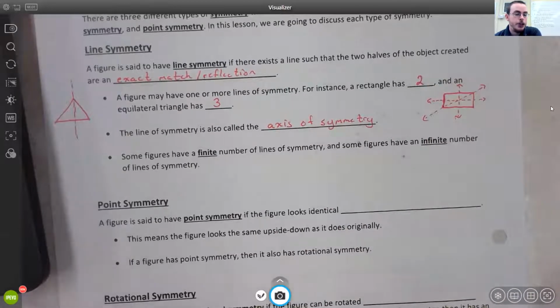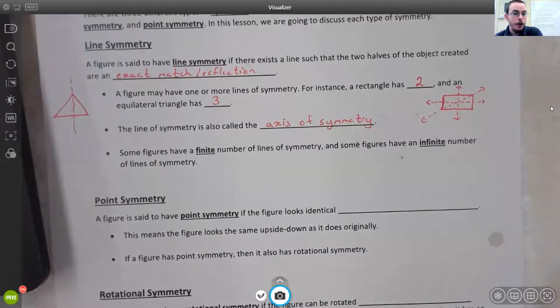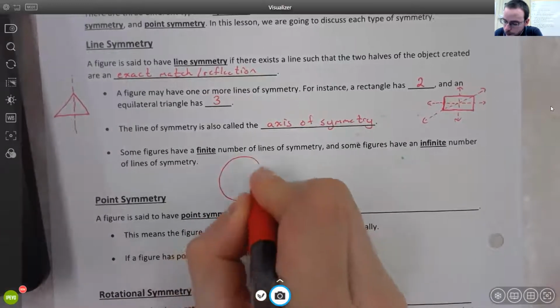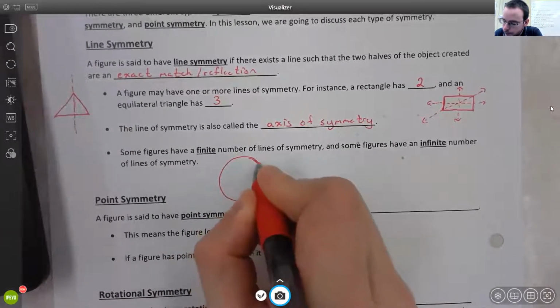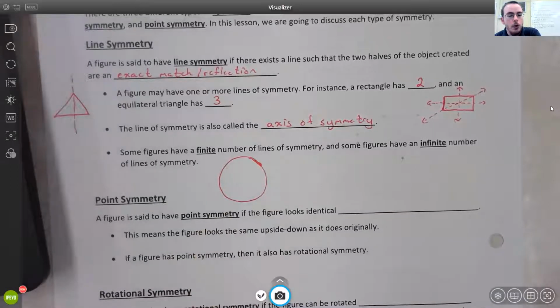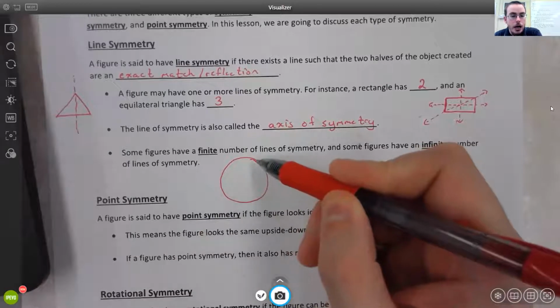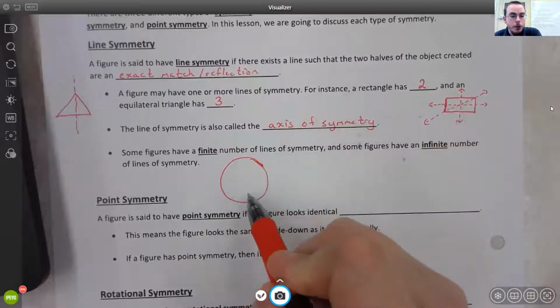Can you think of a shape that would have an infinite number? Well, think about how you would divide something. Say, for instance, you had a round object like a circle, right? A circle would have an infinite number of lines of symmetry because all you have to do is fold across the diagonal. But you can do that in an infinite number of ways.